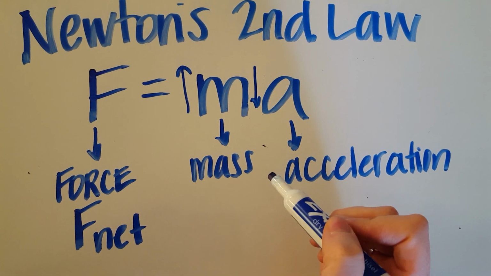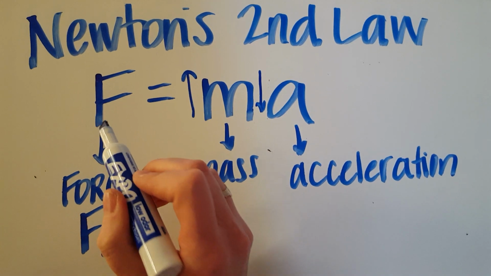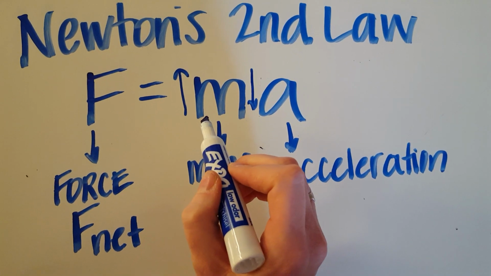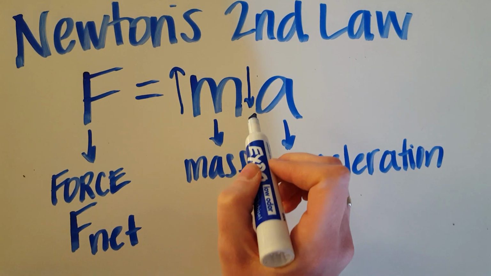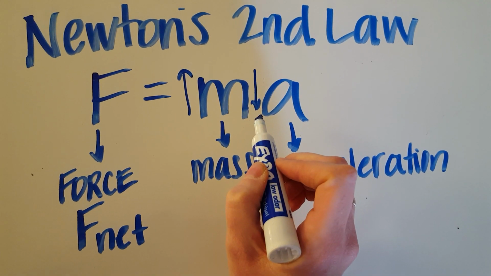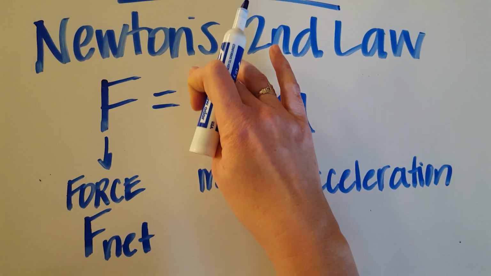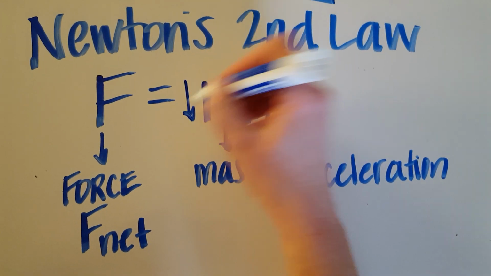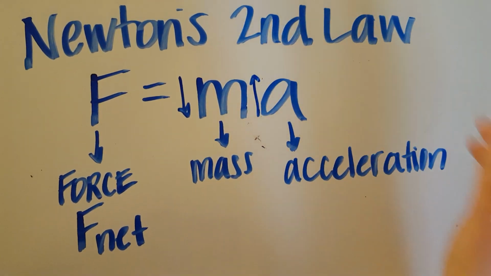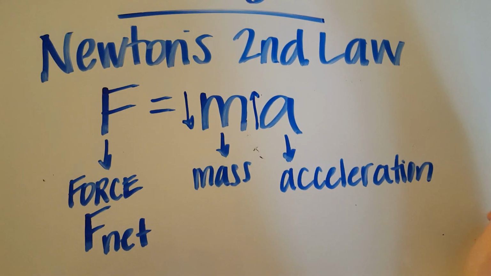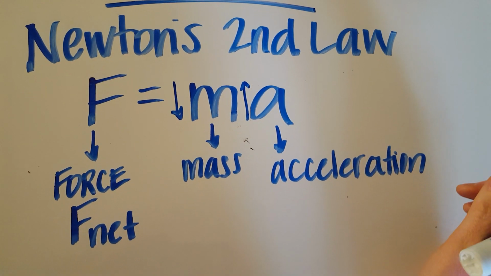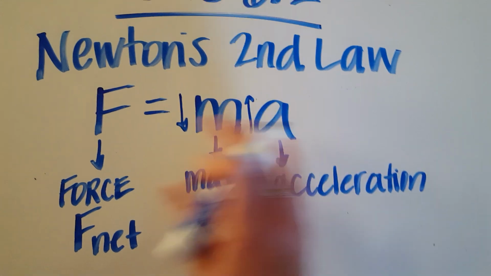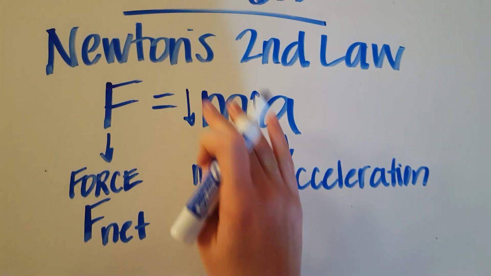Think about a bowling ball and a tennis ball. If I apply the same force to the bowling ball, which has a greater mass, it's not going to accelerate as fast as the tennis ball. So if I decrease my mass, then my acceleration is going to increase.